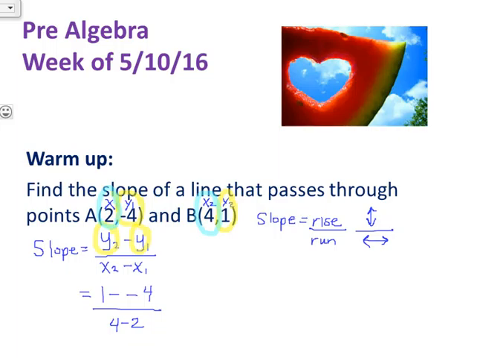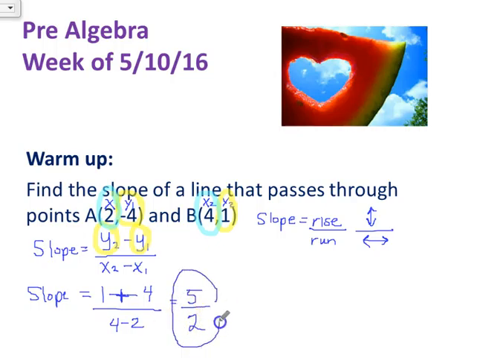Let's check our work really quick. Second y coordinate on top minus the first, so 1 minus -4, and then 4 minus 2. Let's clean that up. 1 minus -4, when we've got a double negative sandwiched between two numbers, becomes a positive. So 1 plus 4 is 5, and 4 minus 2 is 2.